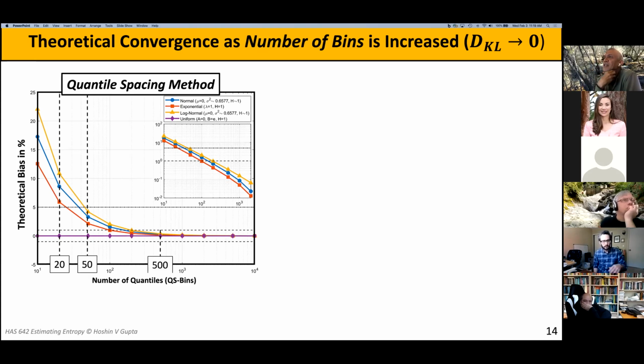And you can see for the normal, exponential, log normal, and uniform distributions what that looks like. If you have too few quantiles, too few bins, you have positive bias. And as you put in enough bins, something like 500 plus all the way up to 10,000, the bias goes away. And so this converges to the true theoretical entropy, which we happen to know for these distributions.